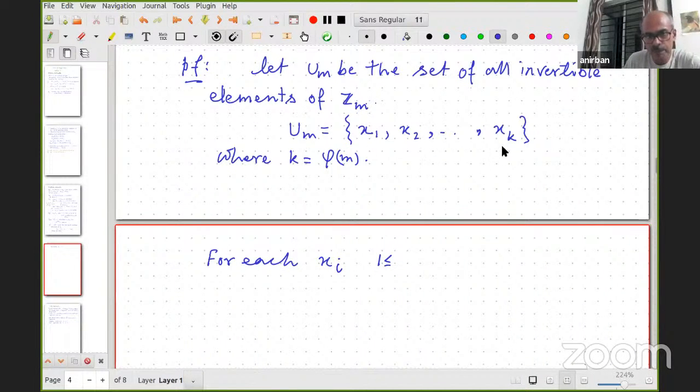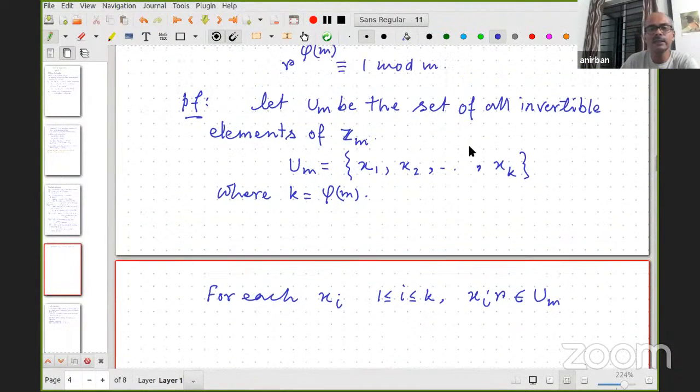If you pick any element from this set, then xi times r is also in this set, because if you multiply two invertible elements, you get an invertible element.